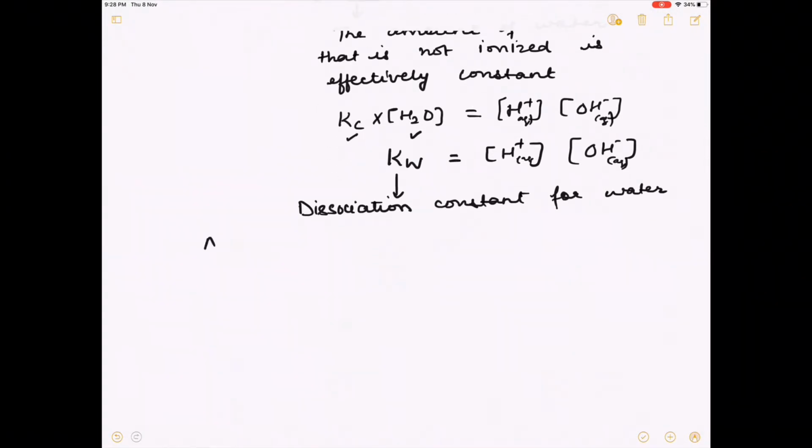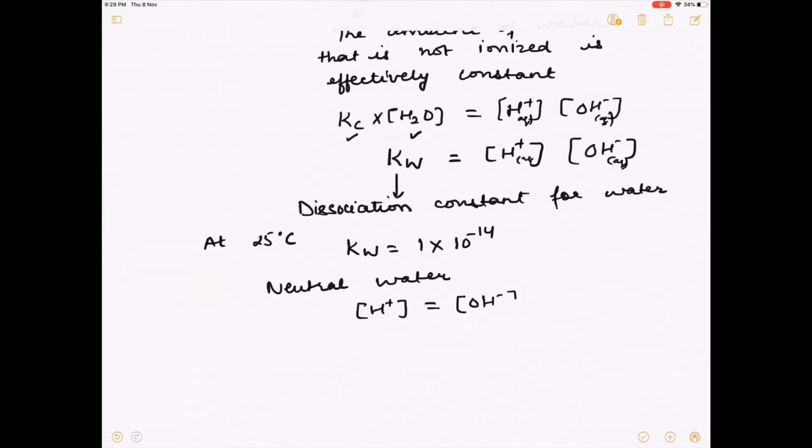So at room temperature, that is 25 degrees, Kw has a fixed value, that is 1 into 10 raised to power minus 14. So for neutral water, hydrogen ion concentration will be equal to hydroxyl ion concentration, right?